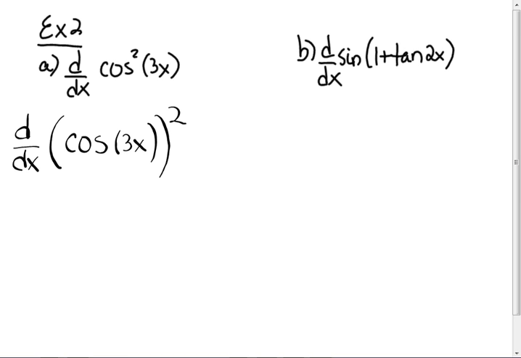First, we do the outside function, which is a squaring function. Okay, girls? It's a squaring. So it's 2 times, and honestly, this is what I do. I do the outside function. Does this change? No. So a number of you didn't have the cosine there. I know it's tempting. That's the squaring function.